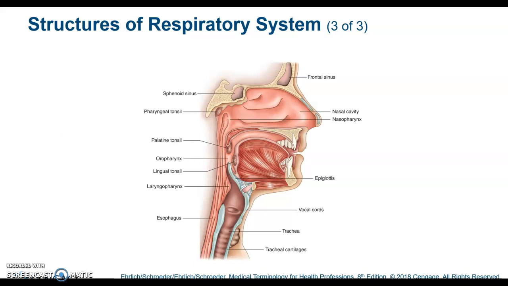And I'm not sure if you're going to be watching this video before, during, or after the COVID-19 pandemic, but remember how we talked about the respiratory system being a component of the immune system? Well, the COVID-19 virus attacks the respiratory system.